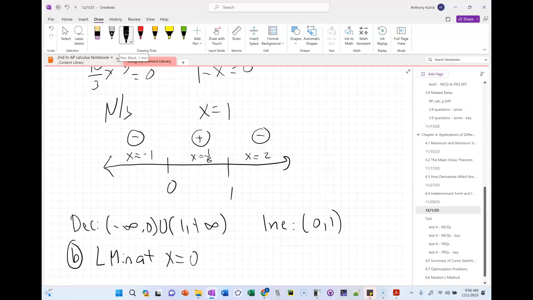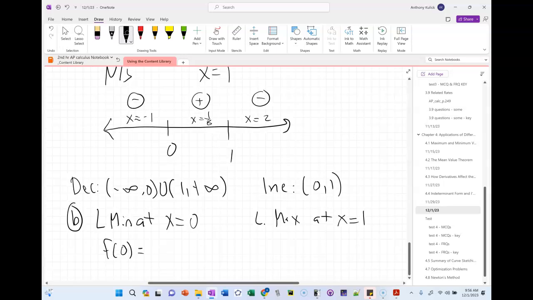And at positive 1, we go from increasing to decreasing. So we have a local maximum at x equals 1. But the problem asks for the local maximum and minimum values.